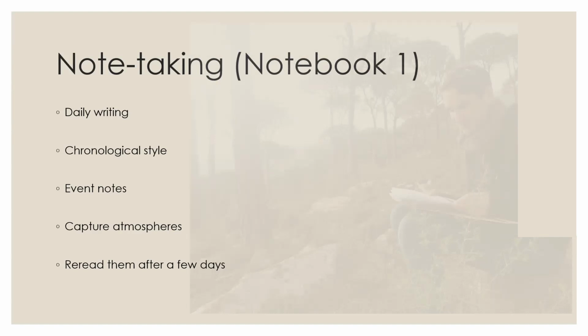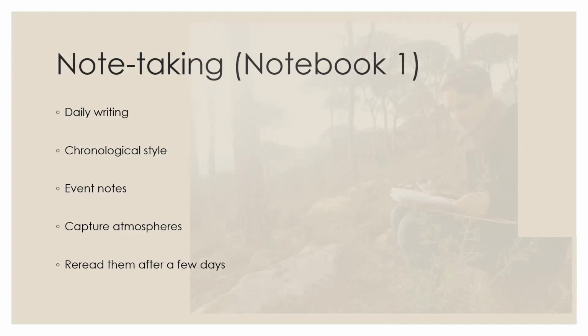So how do you do that? Try to write daily. I know this is not easy, but if you are on fieldwork and you're on a mission, I think it's your responsibility to write often, because you have no idea how many details are lost instantly, even from day to day, if you don't write down what happens.